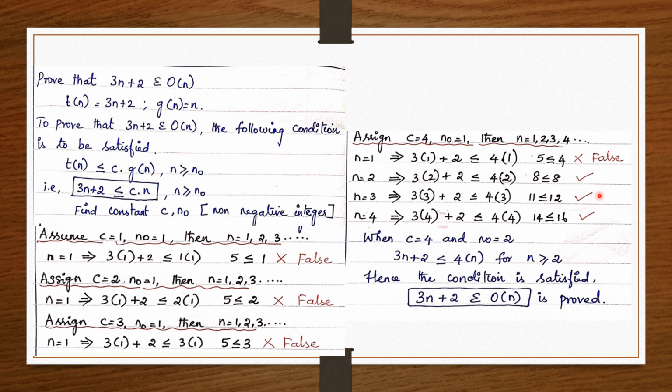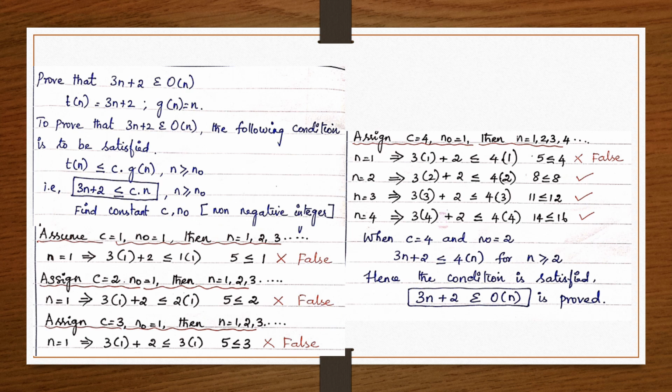And when n is 3 it is also true, and when n is 4 it is also true. So we can conclude that when the value of c is 4 and n is 2, this condition is met. That is, 3n plus 2 is less than or equal to 4 into n. Since this is true, 3n plus 2 belongs to order of n.